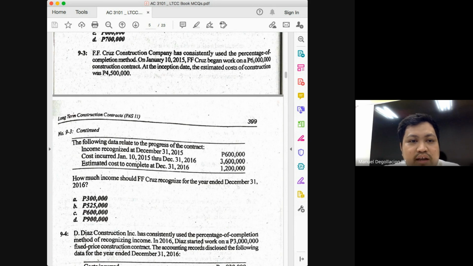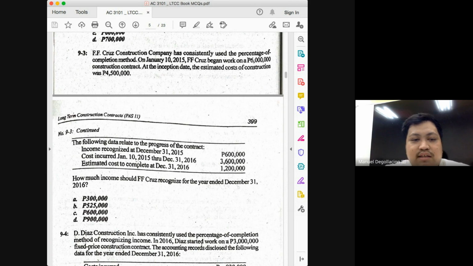Since we are already at 2016, how do we compute for the cost at completion? Cost incurred to date plus cost to complete. Do we have our cost incurred to date in 2016? Yes, which is your 3,600,000.